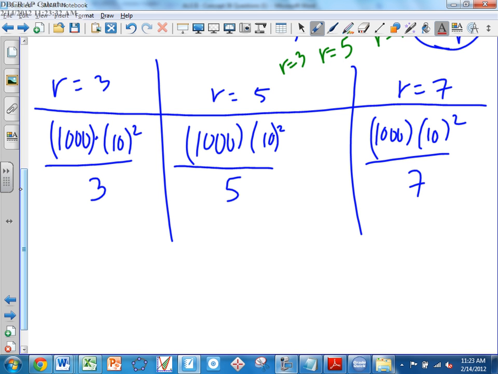So here, we're dividing by 5. This number is going to be 100 times 1,000, which is 100,000. The numerator is always 100,000 for each of these.